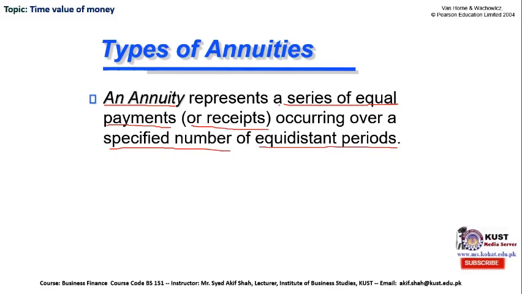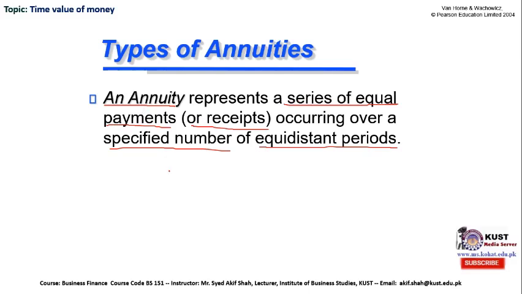Number one, it is a series of equal payments or receipts. Suppose you have taken a bank loan from a banking organization and the bank asks you to pay out that loan in 10 years, so that specific series of equal payments will be considered an annuity.